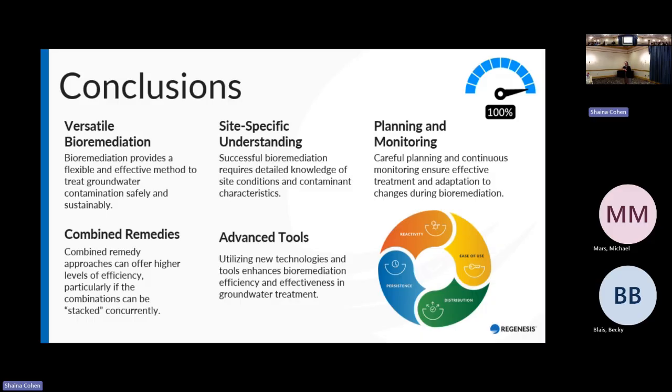So more often than not, when employing bioremediation strategies for petroleum hydrocarbons, very rarely bioaugmenting. For chlorinated solvents, more often than not bioaugmenting, because in the overall scope it's a drop in the bucket in terms of cost, and there's very little downside to adding some extra bacteria. So usually we do it.